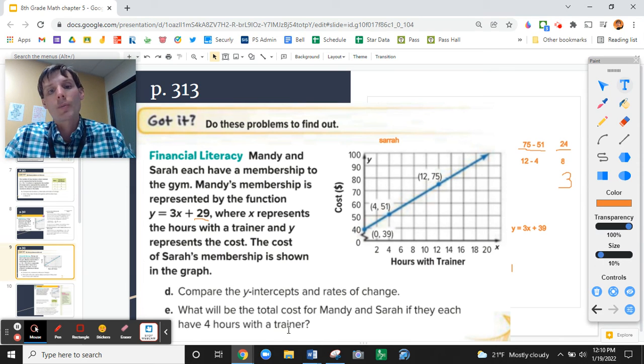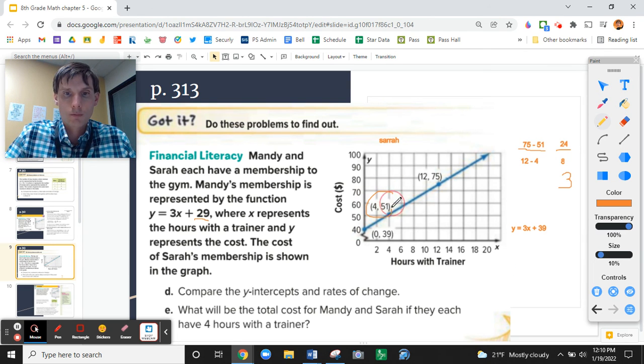Okay. So what will be the total cost for Mandy and Sarah if they each have 4 hours with the trainer? Well, we could plug 4 into the equation. This one's already done for us as 51, right? So really 3 times 4 being 12, 12 plus 39 is 51. So Sarah we see is $51. Whereas Mandy, what is Mandy? Well, let's plug into that equation. The 4 represents the x.